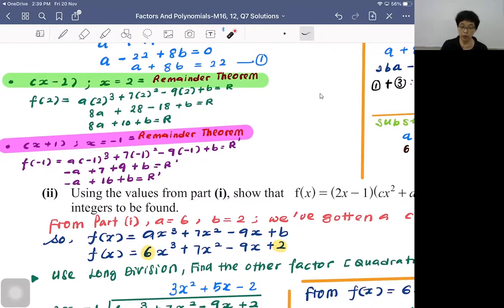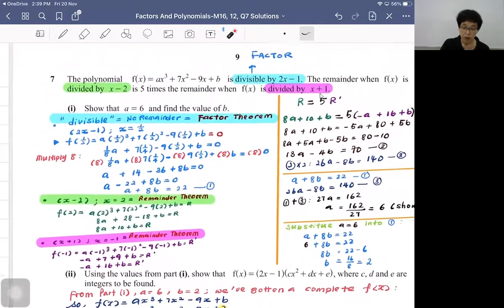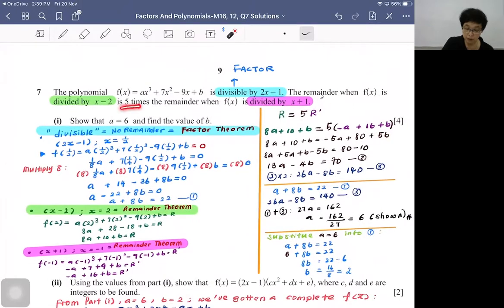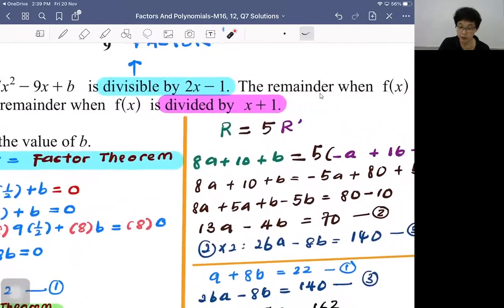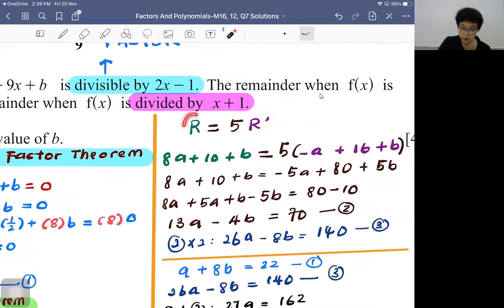Now what we're going to do is abide by the rules given here. The first remainder is 5 times the second remainder. Therefore, as I have noted here, the first remainder equals 5 times the second remainder.